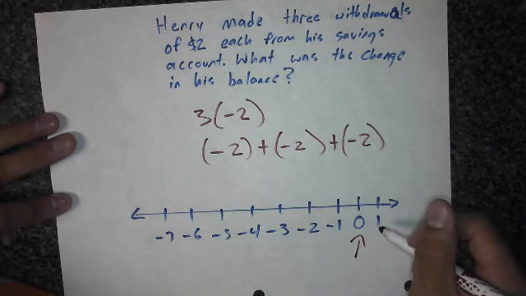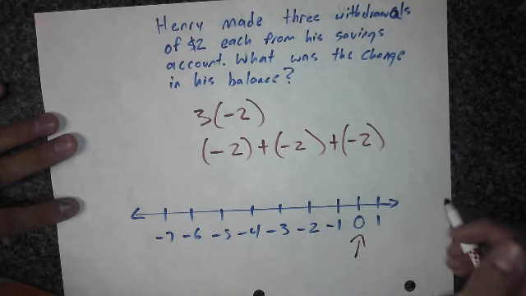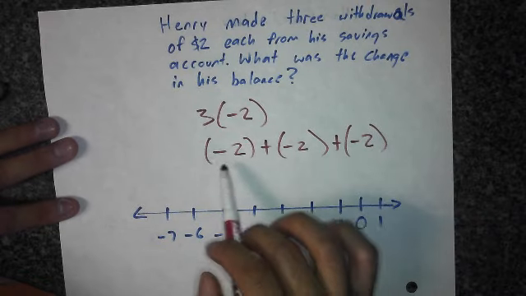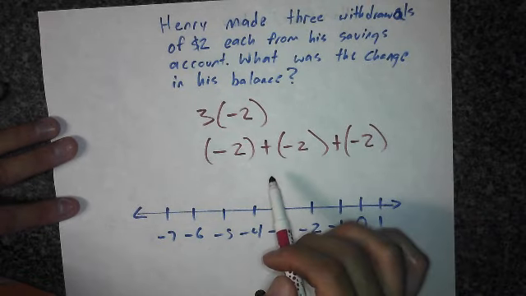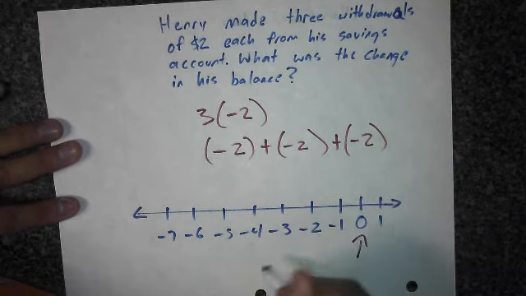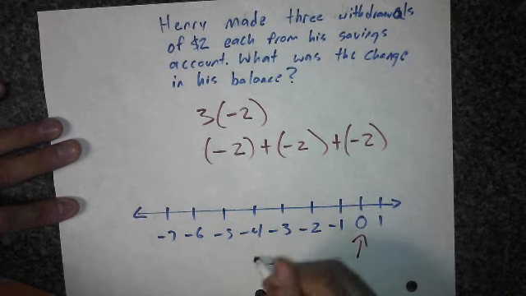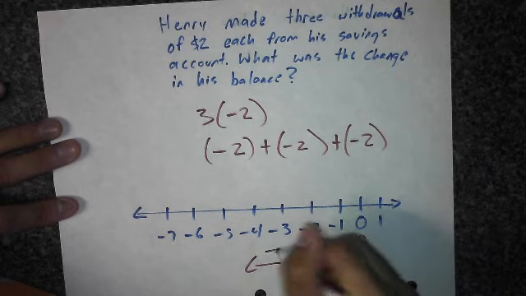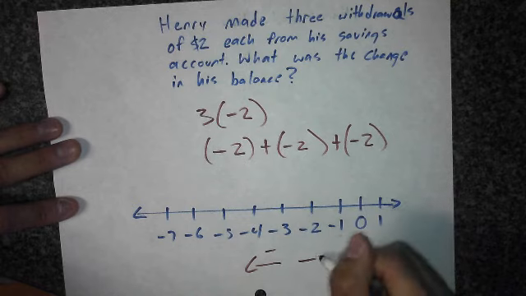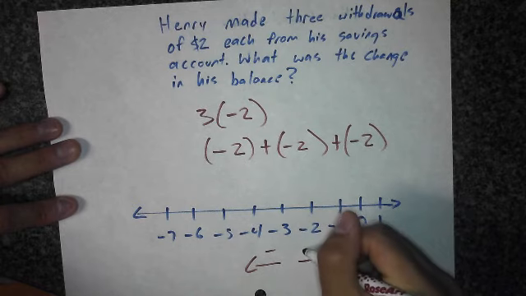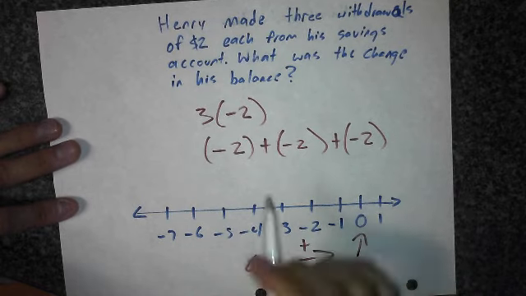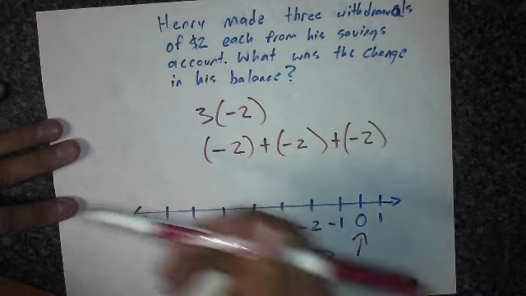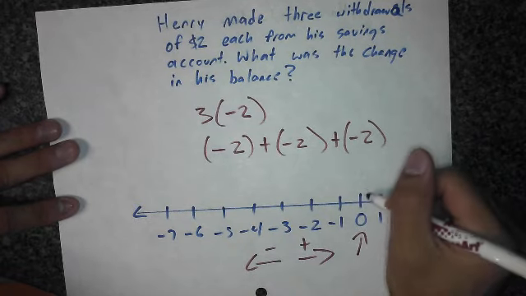Once I locate my 0 on the number line, since I'm adding negatives, you want to go to the left. So remember guys, going to the left on the number line is negative, and going to the right is positive. But in this case, we're going to go negative, so we're going to go left.